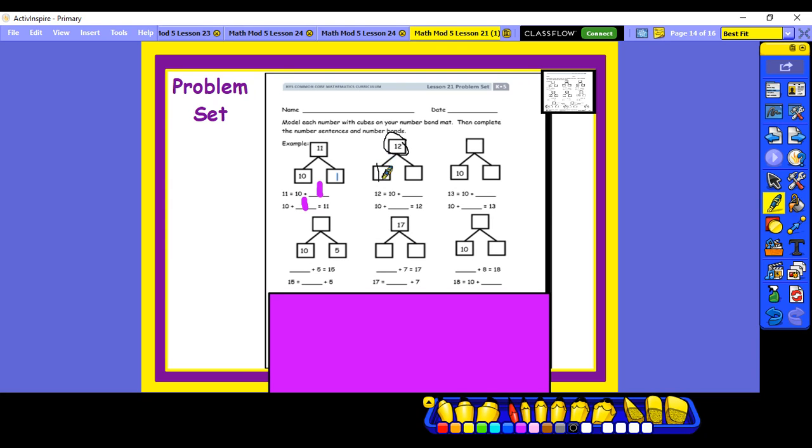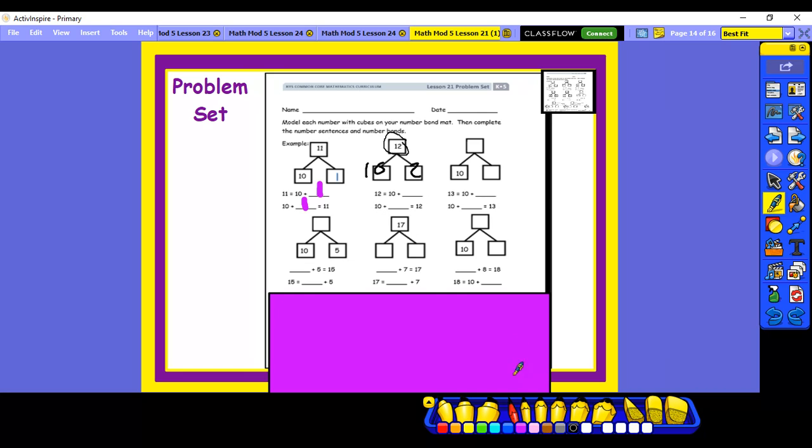10 and 2. 10 and 2 make 12. Excuse my handwriting. Let's see if even on the computer I can make that a little better and a little easier to read. So in my number sentences, first I see 12 is first. Then I see the equals.